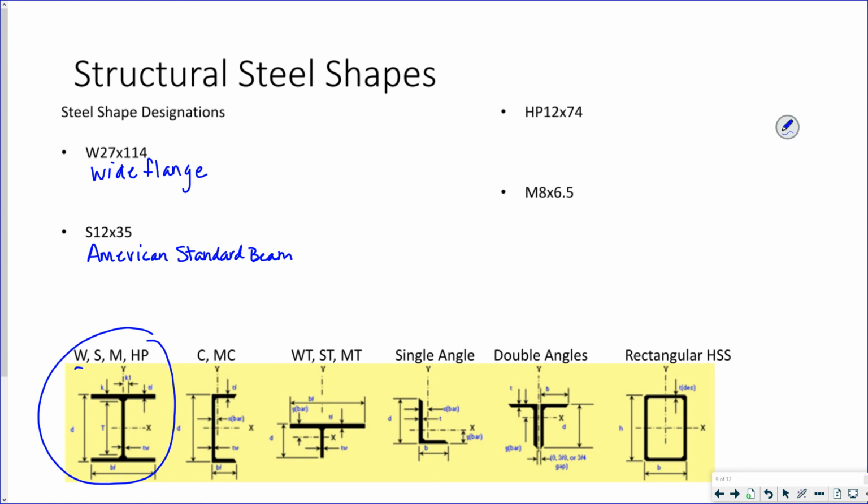It's an H pile. Right? It's an I-beam, but if you turn it on its side, it looks like an H. And then the M is a miscellaneous H shape. So that's what those letters stand for. Again, wide flange is what you will likely see most of the time.